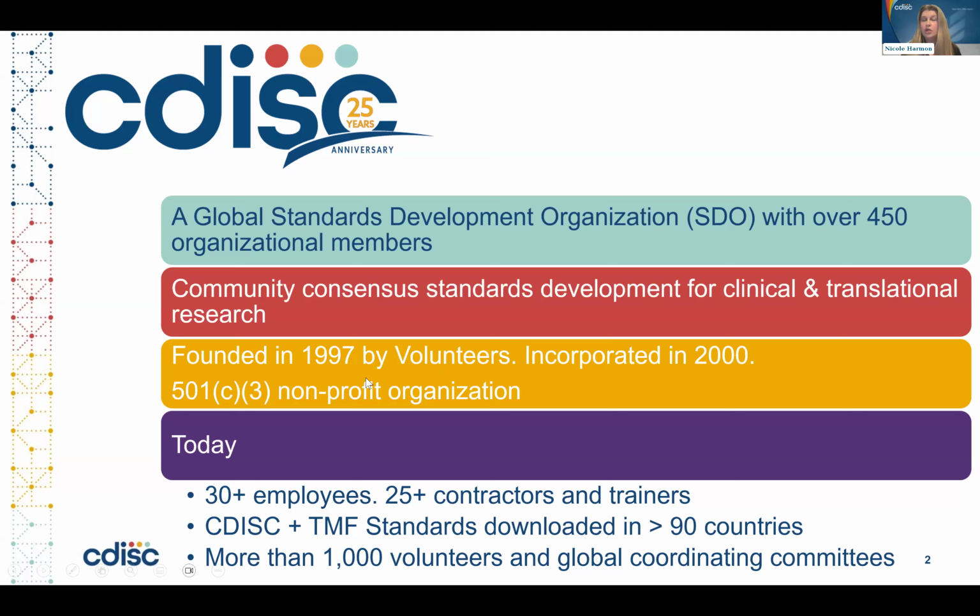So we are a global nonprofit. We have been designed as a consensus-based nonprofit that is developing standards for the last 25 years. We have a small team originally started in Austin, Texas, but now we're throughout the US, UK, and the world with contractors and trainers, and many, many volunteers on all of our standards teams.